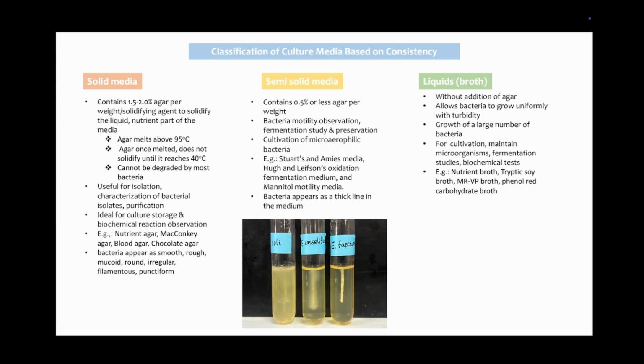Then for semi-solid media, 0.5% or less, you can use it to prepare your motility agar. Now this is the soft agar. E. coli is motile, yes, then you can see non-motile, motile, and slightly, okay, less motile.